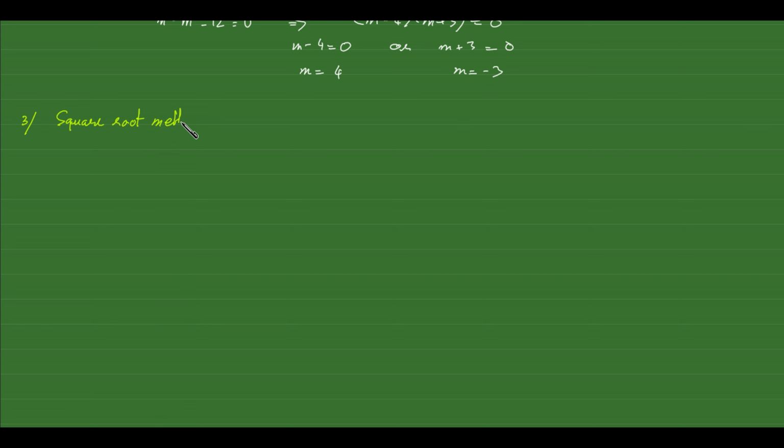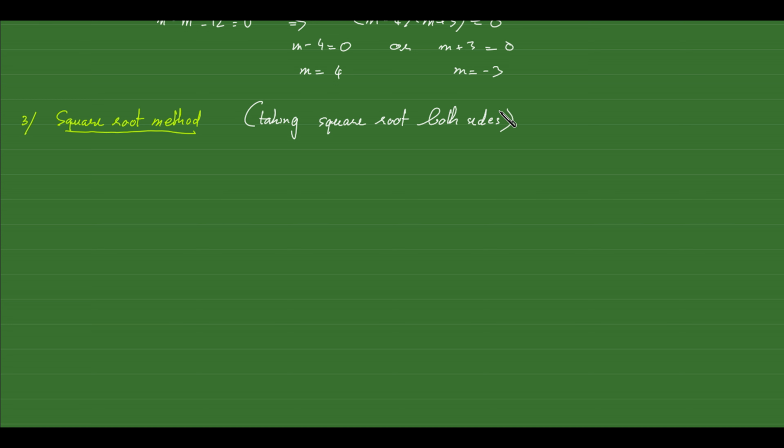In the square root method, literally what we have to do is take the square root of both sides of the equation, and it doesn't have to be in the form ax squared plus bx plus c. That's a good thing.